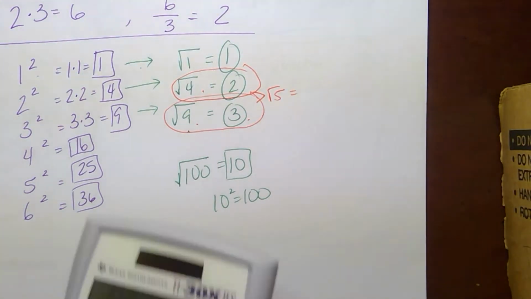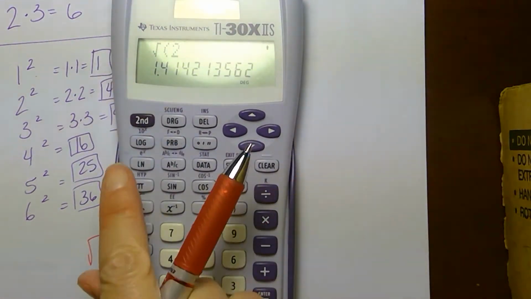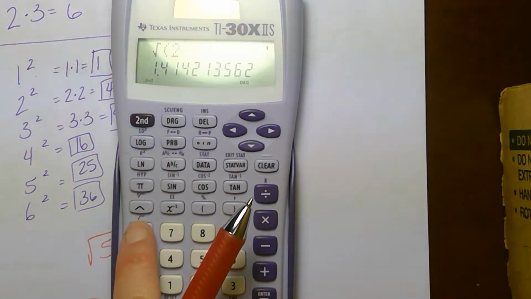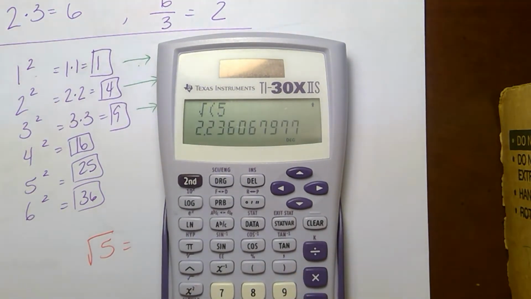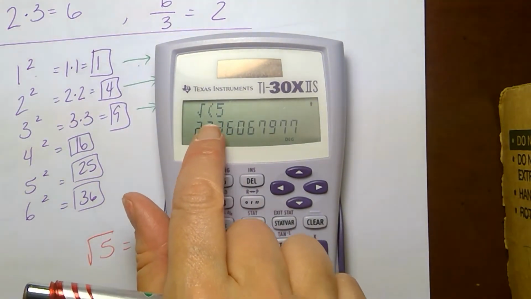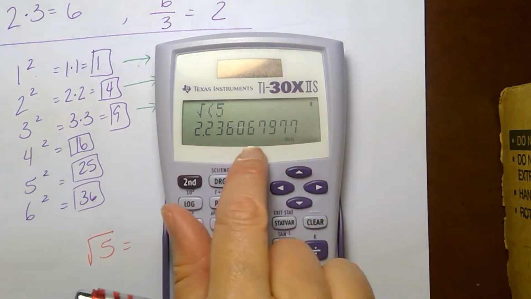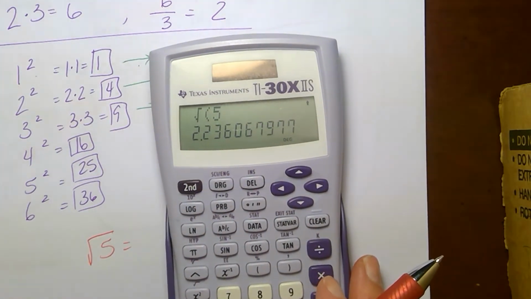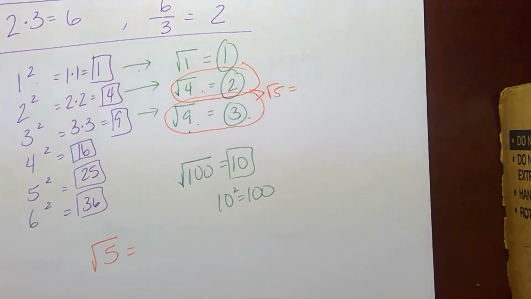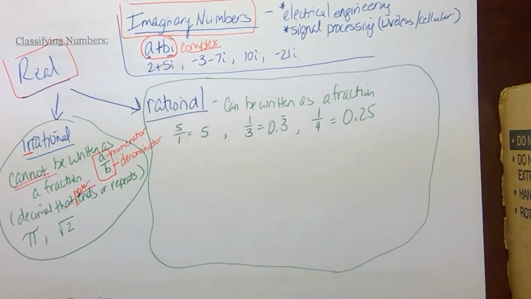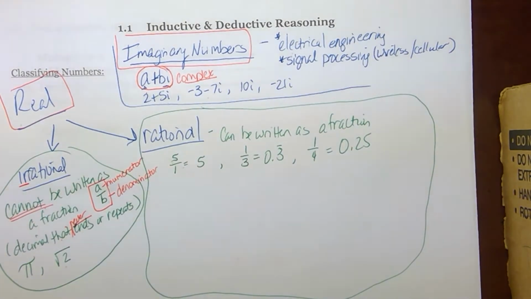Let's do it with our calculator. Remember, I'm going to do second function of that x squared button to get my square root. Square root of 5 is, look at that, 2.2 approximately. We have to round it off because it's irrational. It's not rational because 5 is not a perfect square. Okay, so those are our irrational real numbers.